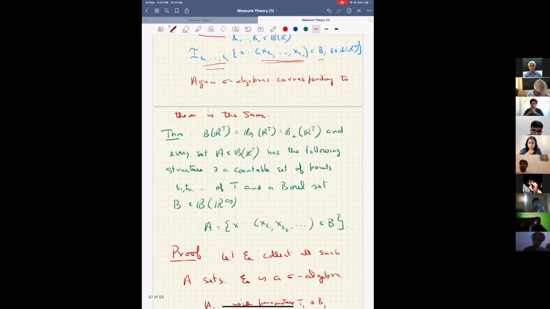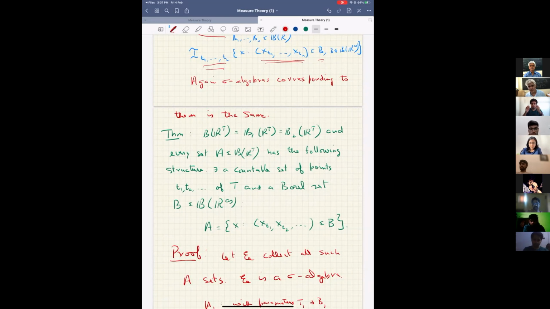Each set A looks like X such that (x_t1, x_t2, ...), this countable sequence, lies in some set B for B in B(R^infinity). So that's quite a nice characterization to have. It's not immediately obvious.